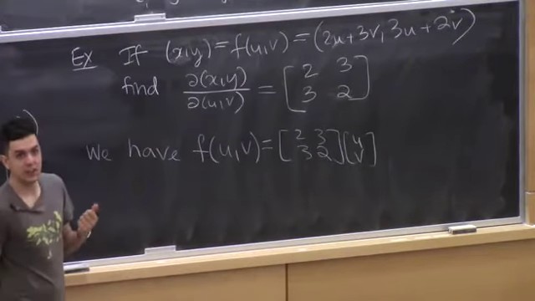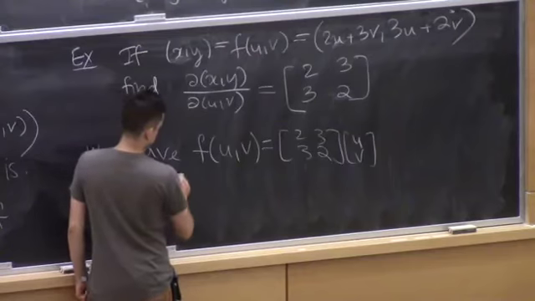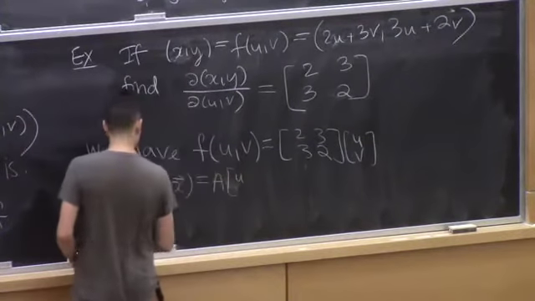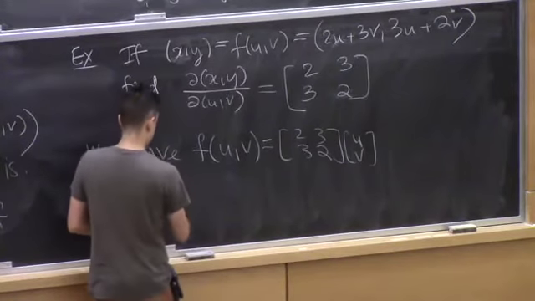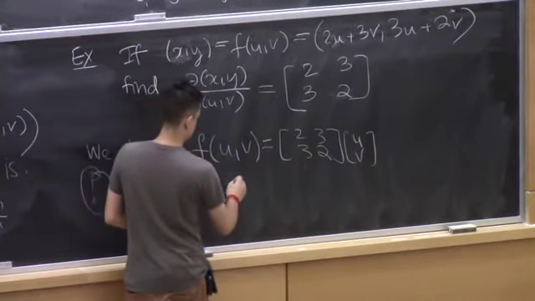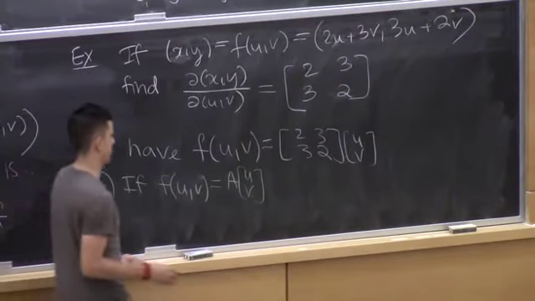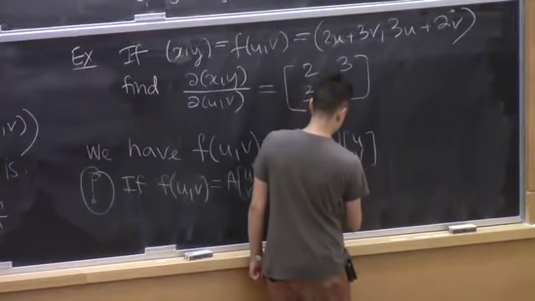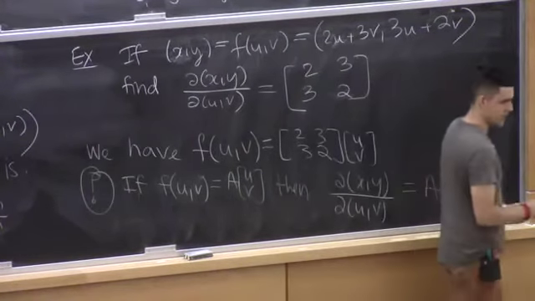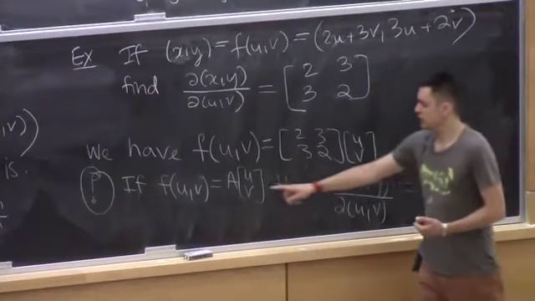So if we have a linear change of coordinates, then the Jacobian matrix of that transformation will be the matrix of the transformation.